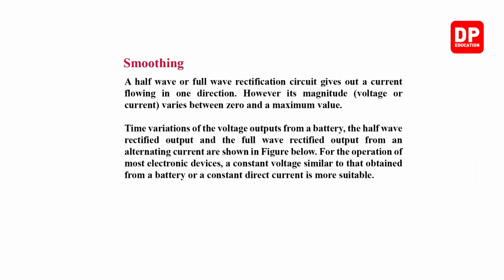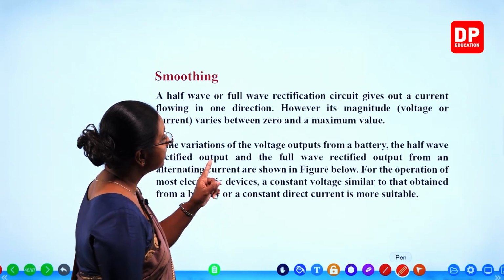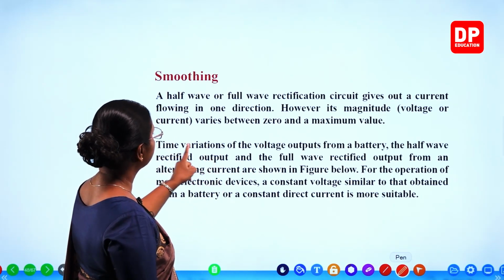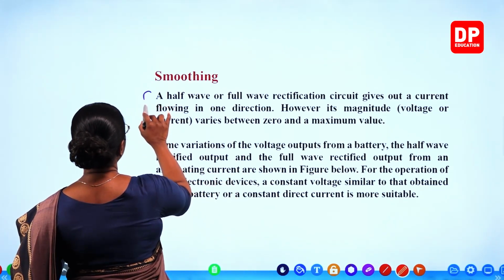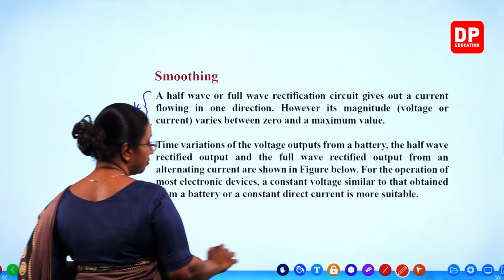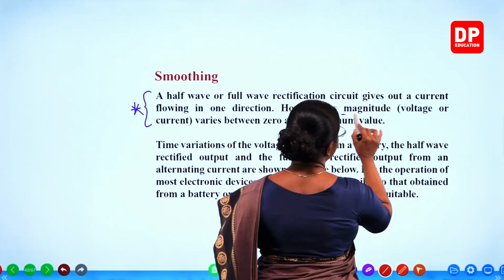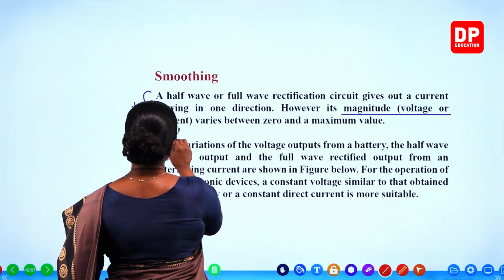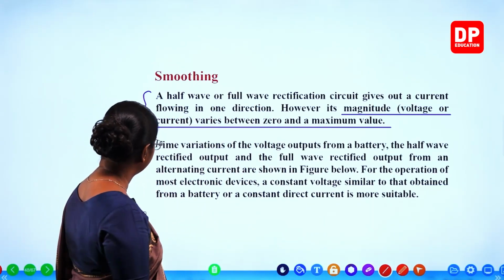So smoothing. Half wave or full wave rectification circuit gives out a current flowing in one direction. That is something you already understood. However, its magnitude, voltage or current, varies between 0 and a maximum value. Very important. Now we have understood what half wave and full wave rectification is, but you all remember the magnitude, that is the voltage or current, varies between 0 and a maximum value.